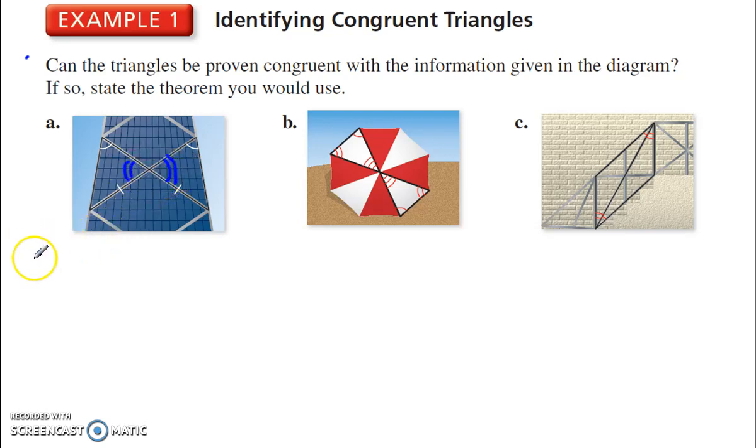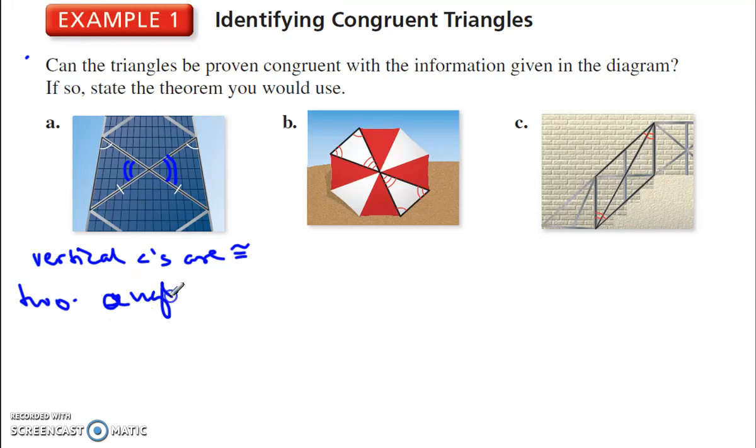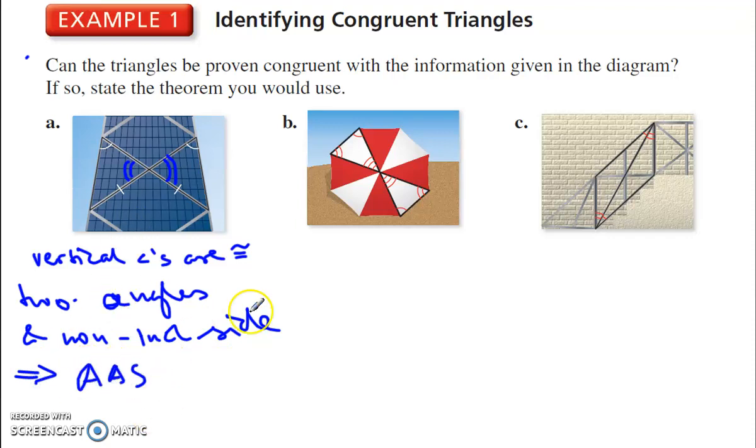Those are congruent because vertical angles are congruent. And therefore we have two angles and a non-included side. Therefore, angle, angle, side.